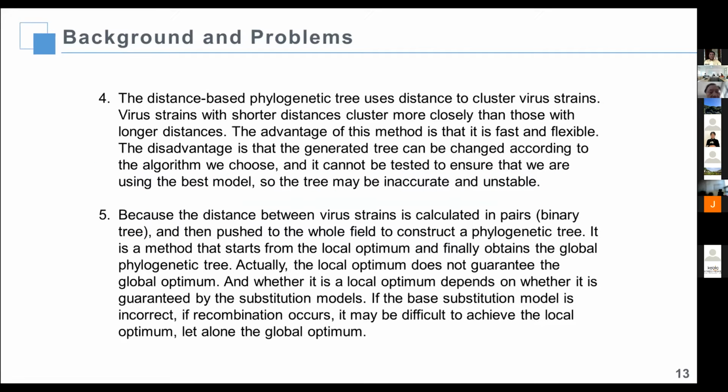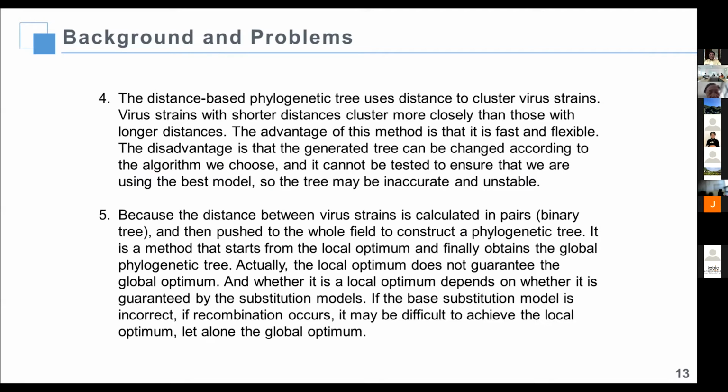Okay, and point 4 is that the distance-based phylogenetic tree uses distance to cluster various strains, while strains with a shorter distance cluster more closely than those with a longer distance. The advantage of this method is that it is fast and flexible.